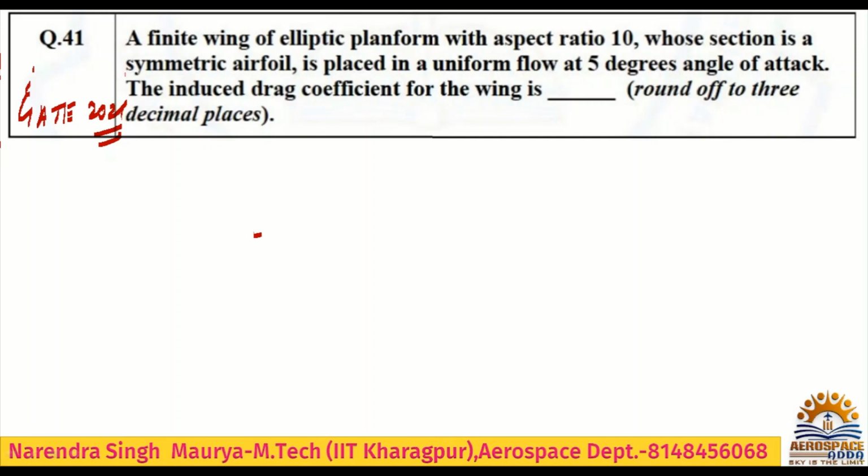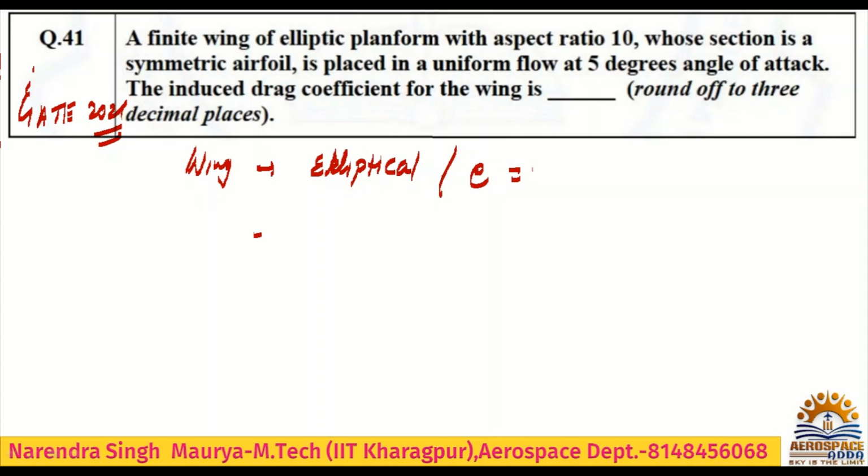Now see, a finite wing of elliptical plan form. Whatever wing we have, it is elliptical. If it is elliptical, then the first thing that comes to your mind is the Ostwald efficiency.